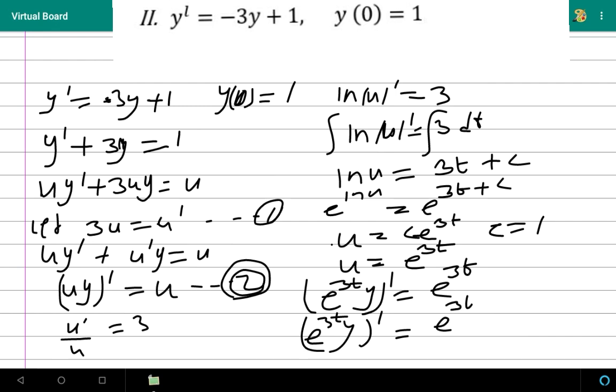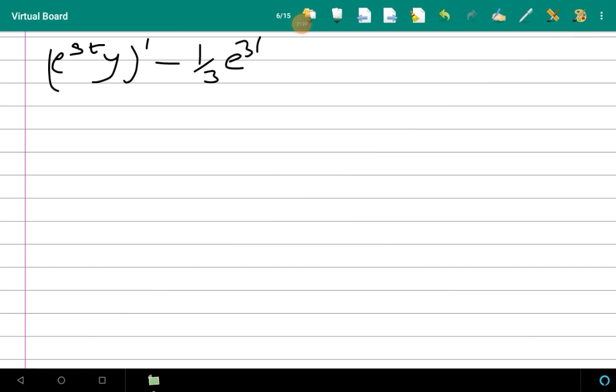When you integrate, you get this, and now we differentiate so we can get back the original equation. Now e exponent 3t y all prime, and bringing the other one which was positive, I now have this, and this will be equal to what? 0.